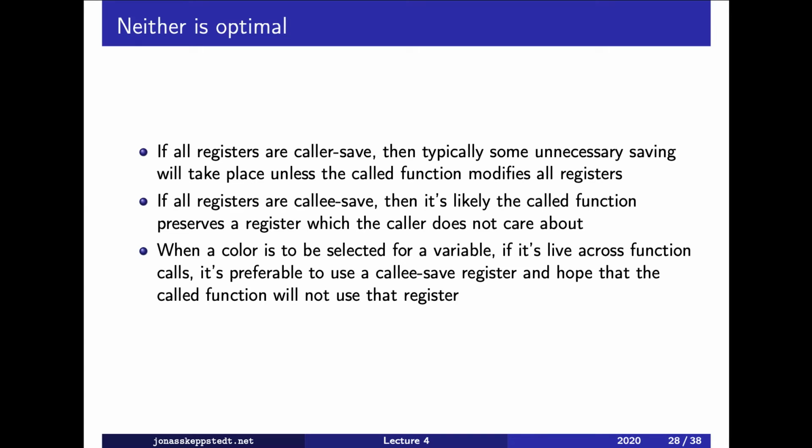The committee which decides on the application binary interface should not use only caller save registers, nor only callee save registers. If all would be callee save, then it's likely that the called function would save and restore a register which the caller does not care about.